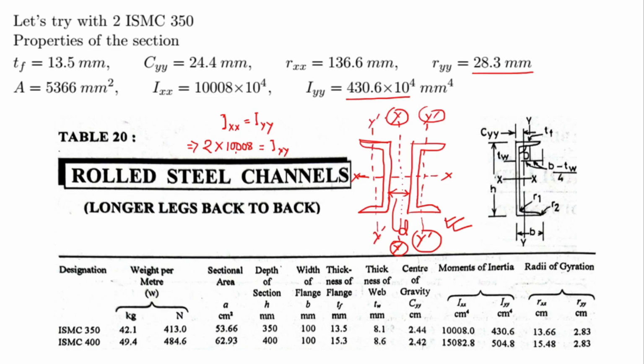Means the Yy axis of the channel section individually is different from the Yy axis of the overall column section. So to get the value of Iyy of the overall section, we cannot just double this value, which is unlike in case of Ixx.